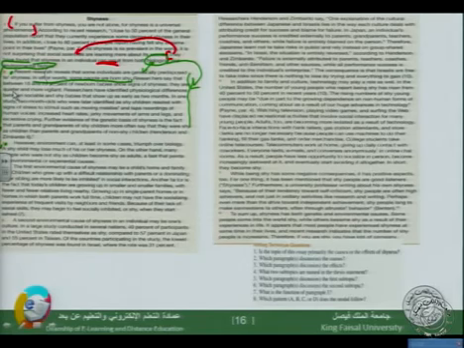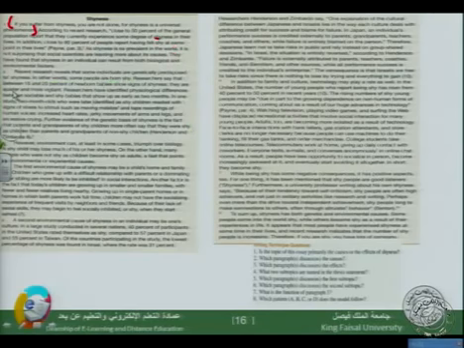Have you started and understood what the structure of the essay is? Have you got the idea that the body paragraphs are predestined in the introductory paragraph? As you can see in the introductory paragraph, we have a thesis statement.